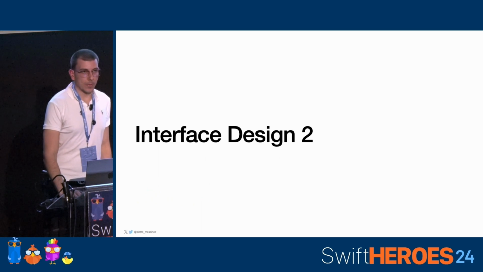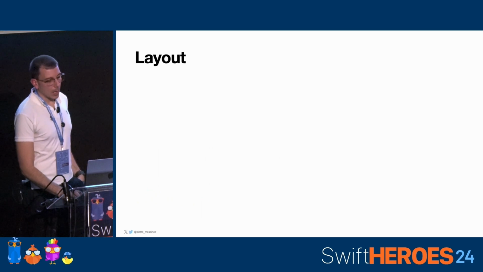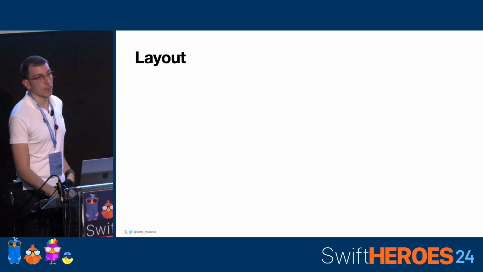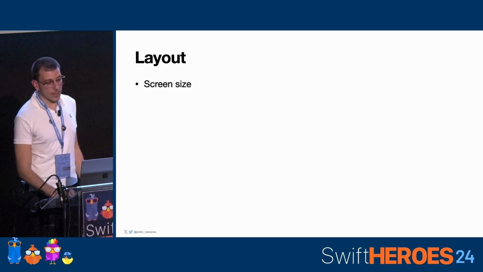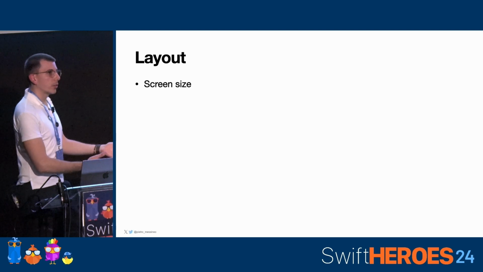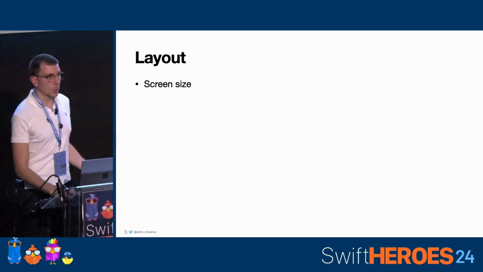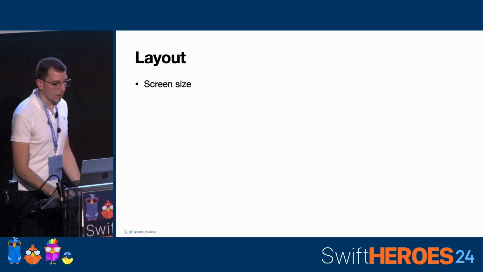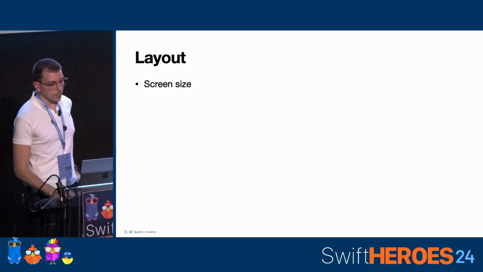Let's move to the second part of the interface design, the layout. When you're preparing a layout, we have to take into consideration three important things. The screen size, which could be the default 1280 by 720, or we can specify a custom size of the window.